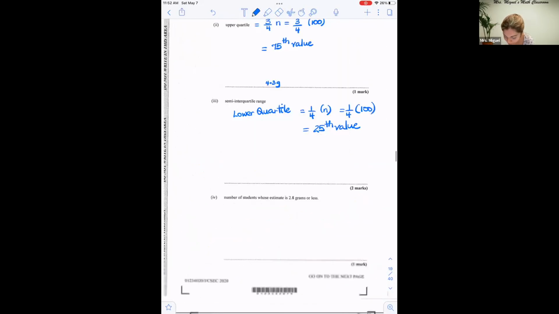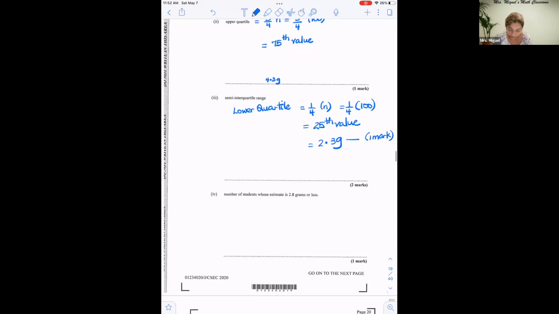So this is 2.3 grams. The marker will give you 1 mark, but we're not finished yet. It's worth 2 marks. So the semi-interquartile range is half of the upper quartile minus the lower quartile. Half of 4.3 minus 2.3. Work on that.